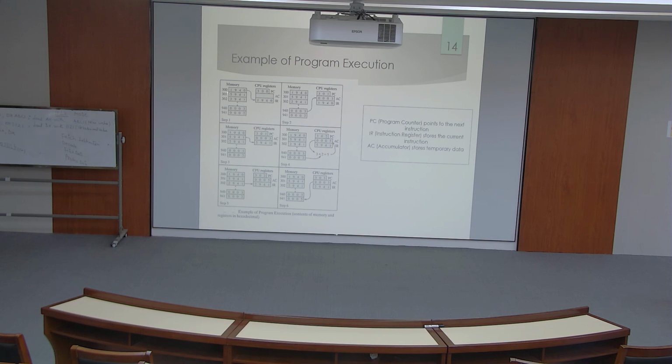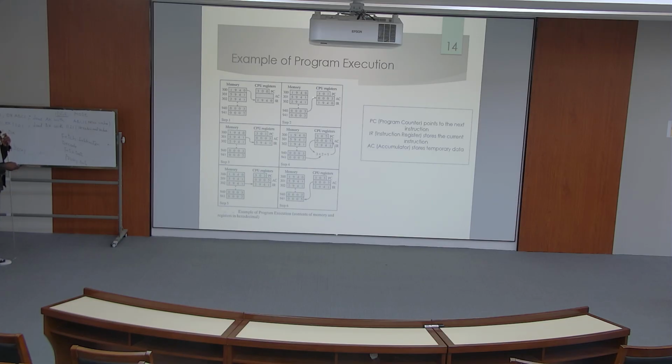These are memory addresses 300, 301, and we have here the content of each memory address. And we have the PC, which is set to the 300 memory location. And we have the content of the 300 memory location, which is loaded in the instruction register.